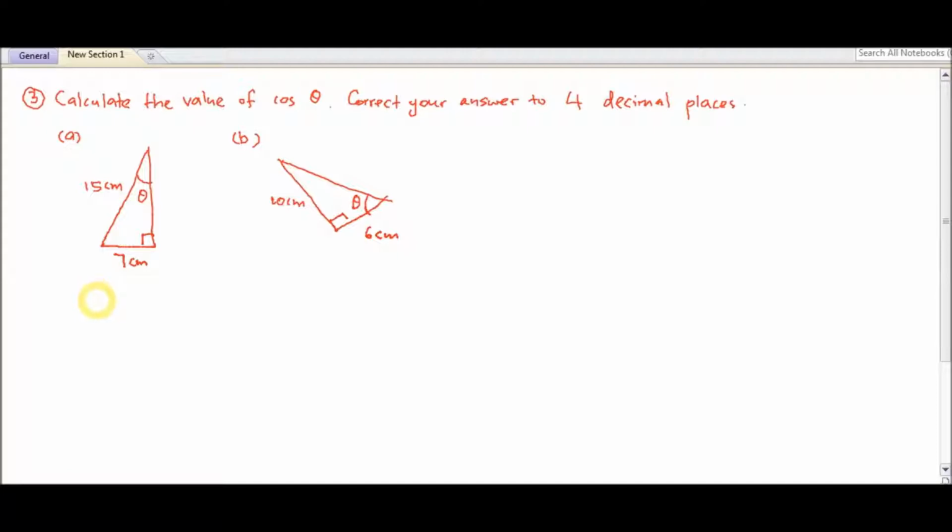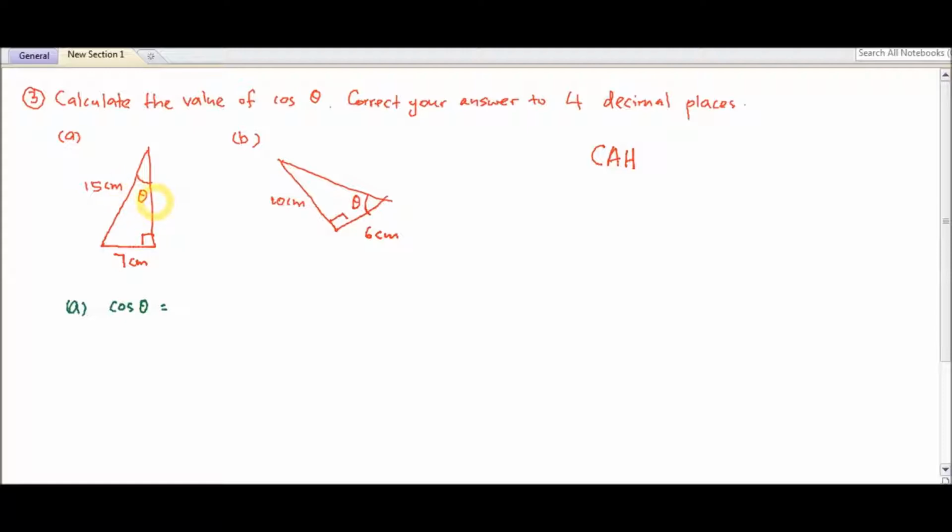Next question is about the cosine. Remember that cosine will be CAH, which means cosine theta is equal to adjacent divided by the hypotenuse. Cosine theta, CAH.